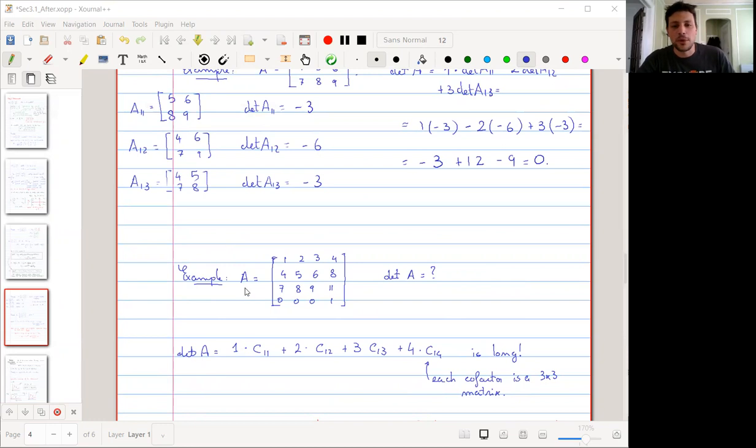This example here is a 4x4. If we wanted to compute its determinant, we would have to use the same cofactor expansion.